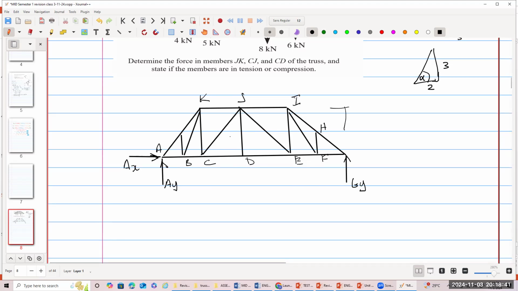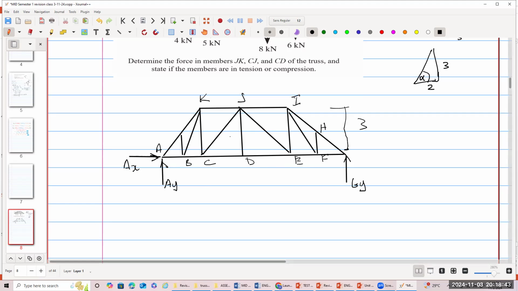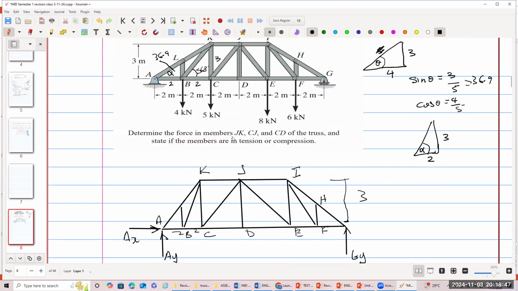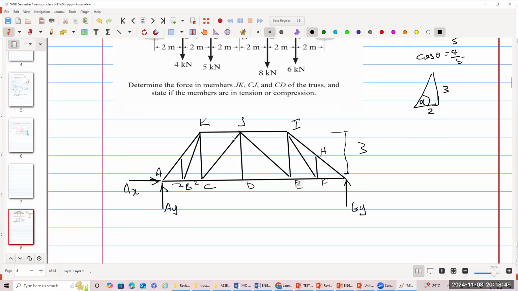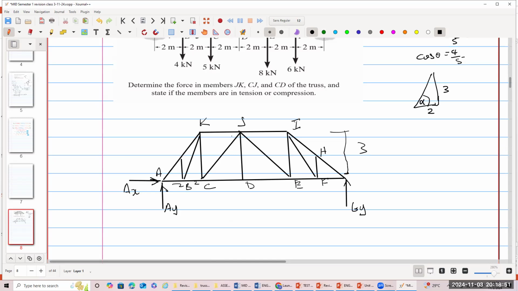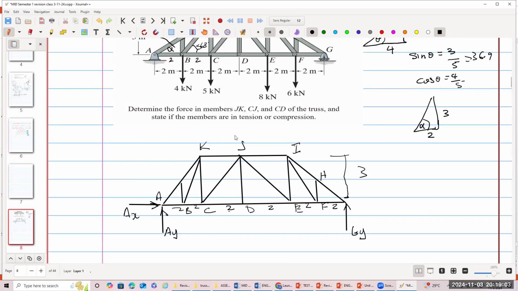Remember that this is 3, and you know the others are 2, 2. Everything is 2: 2, 2, 2. We left out some of the forces, so let's put the forces in.